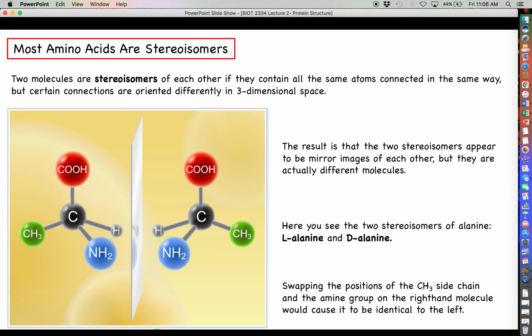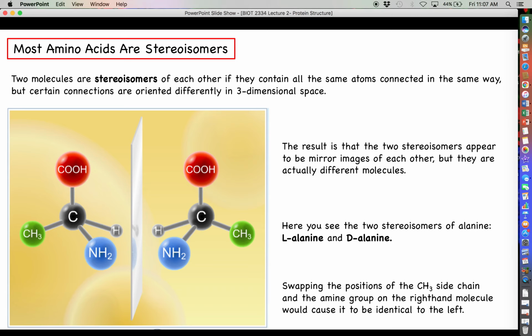So for stereoisomers, like what you see with alanine here, we name the stereoisomers with the letters L and D. So what we have here on the left is what is called L-alanine, and on the right we have D-alanine. Again, they look like exactly the same molecule, but because they are not superimposable with each other in three-dimensional space, they are not actually the same molecule.